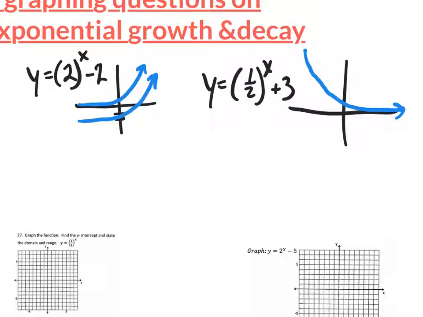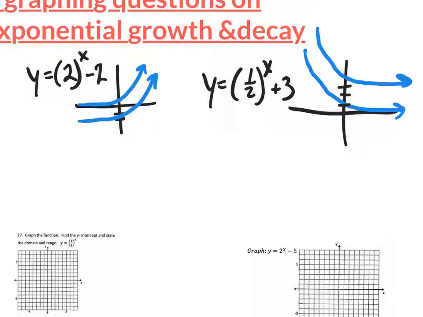If you had a plus 3, then this parent graph, this blue graph that decays down to the x-axis, y value of 0, is going to get shifted 3 units up. So if I had 1, 2, 3, the new graph would be up here, approaching that y value of 3. So again, why did I do this little mini lesson? Because just with that knowledge, you'll be able to identify which one's the correct answer.